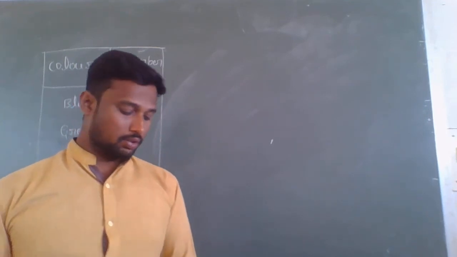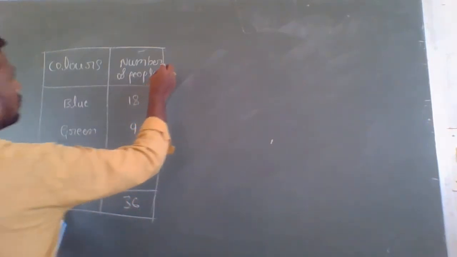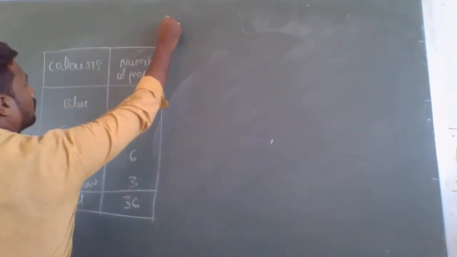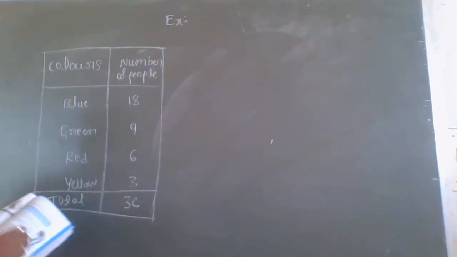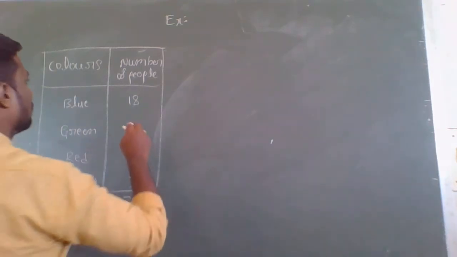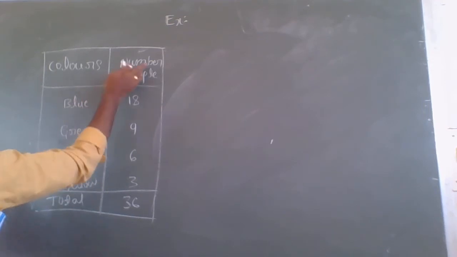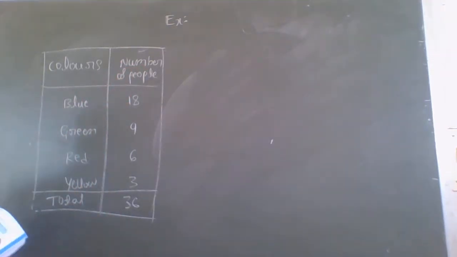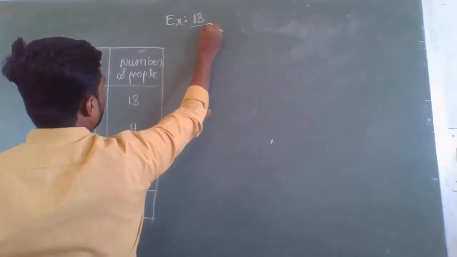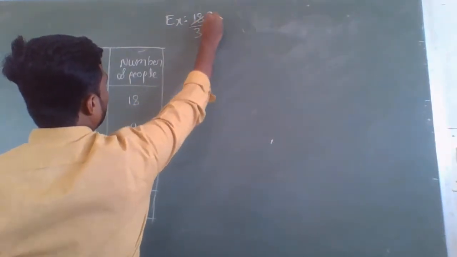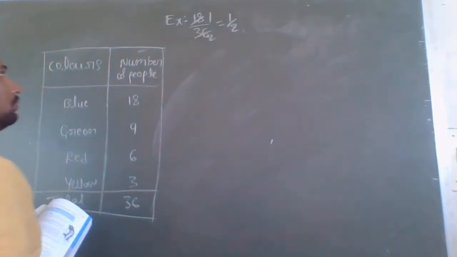For example, they have given an example here. Blue is 18 by 36. Blue is preferred by 18 people and the total is 36. So what we can write here is 18 by 36, which means 18 on the 18 is 1 and 18 on the 36 is 2, so 1 by 2.